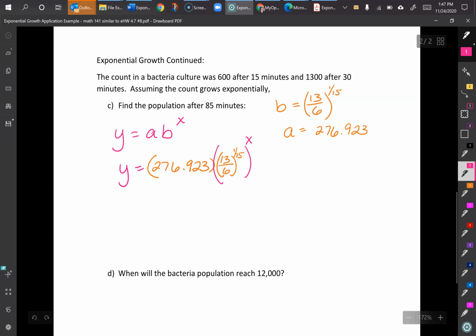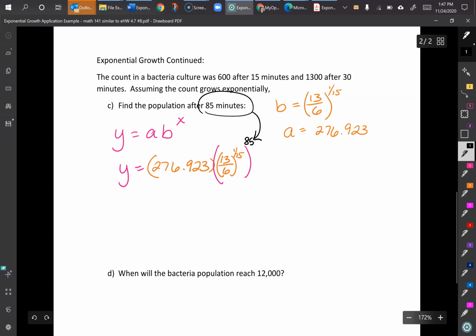So don't forget to put that x in. And in this case, my x is the 85. Okay, so I need to plug that in. So I'm just going to go ahead and replace that.